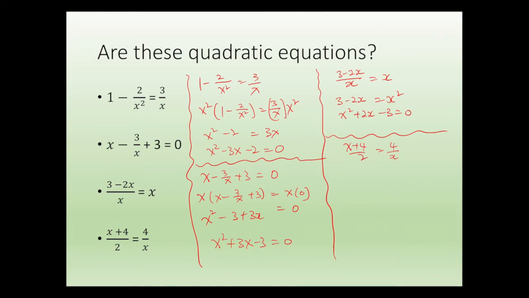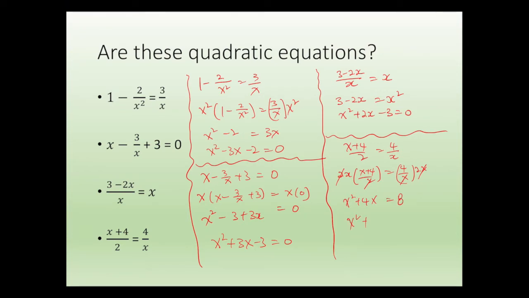x plus 4 over 2 equals 4 over x. So what I'm going to do is multiply both sides by 2x. In this case, when I multiply, we can cross out the 2, and cancel the x.